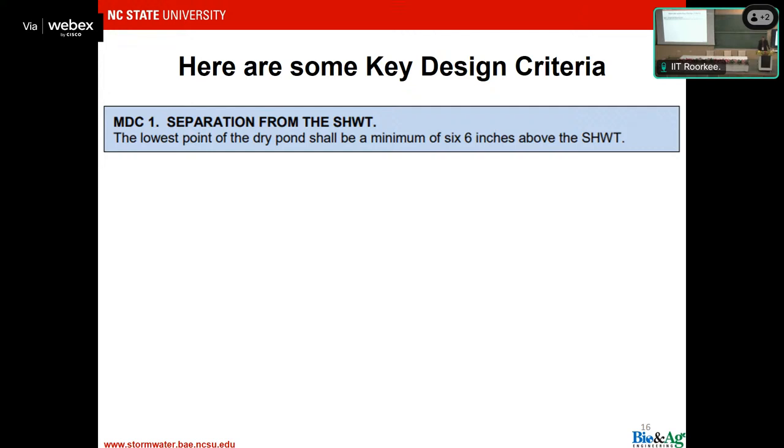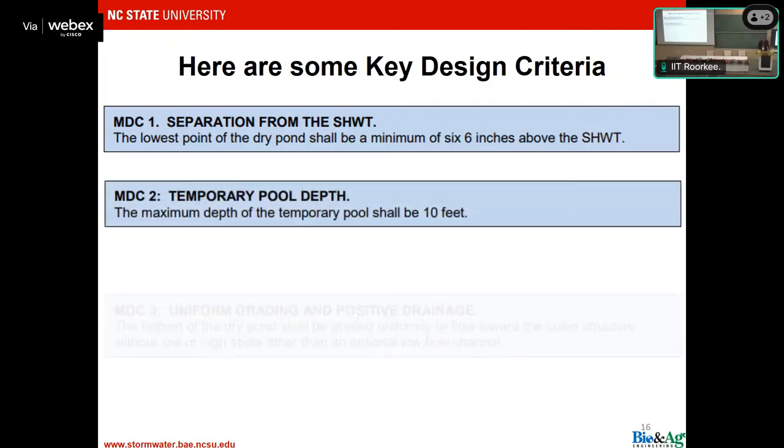They tend to be 2, 3 meters deep, which means that if you put your dry pond in somewhere here in Rookie, you would need to have 2 to 3 meters, but really 3 meters between you and the seasonally high water table. That's not going to happen a lot. All right. So that's one of the reasons why we don't talk about it too much.